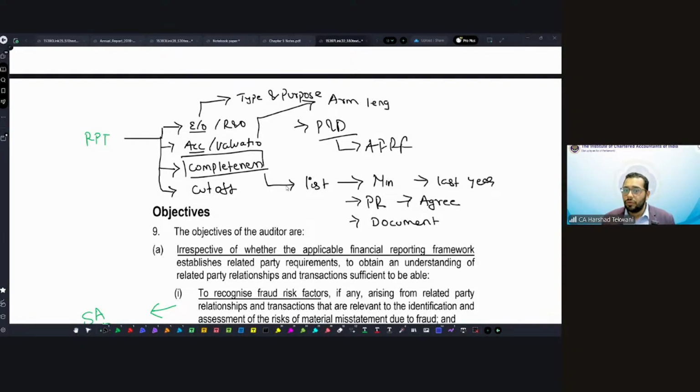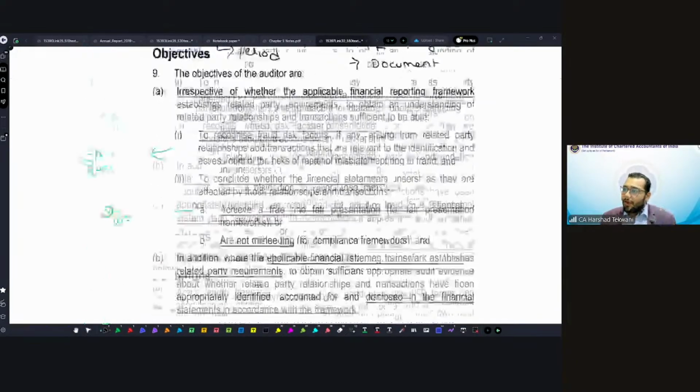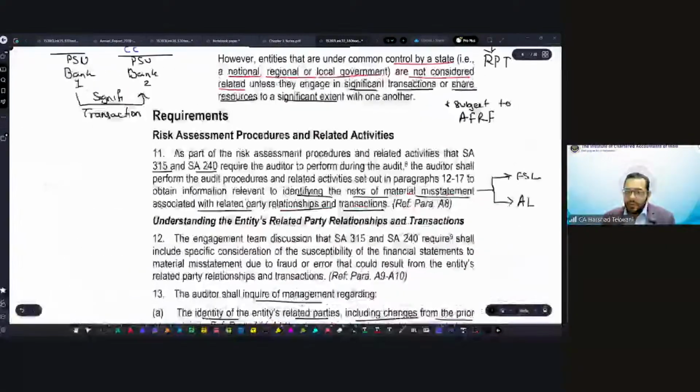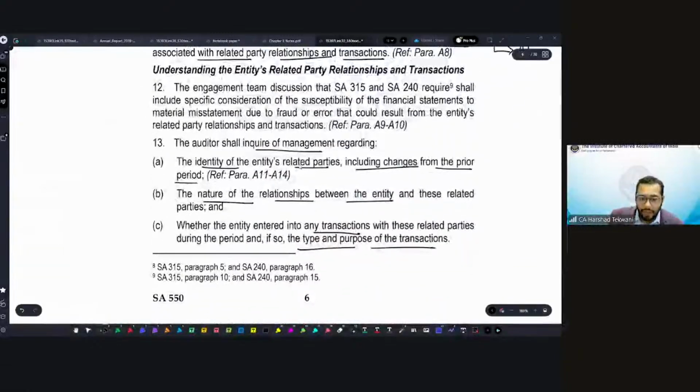In this scenario, for cutoff, I am required to check the period. So all these things are already there, like in the standard, if you go, it says that. This is the period to ensure the cutoff, type, purpose, nature of relationship. All these things are mentioned for a reason, because you want to gain comfort at the assertion level.